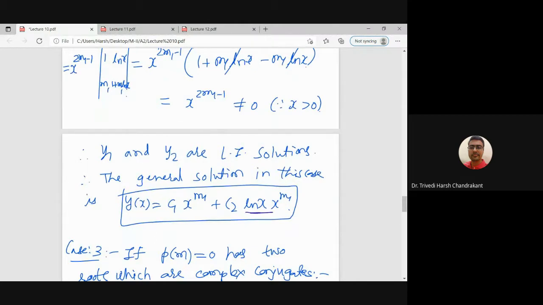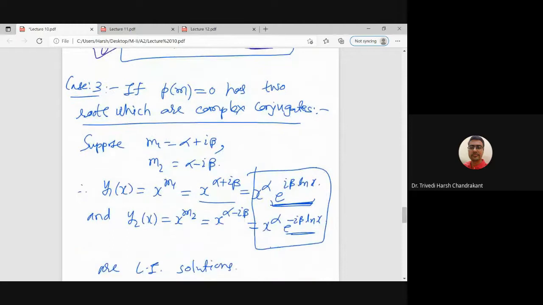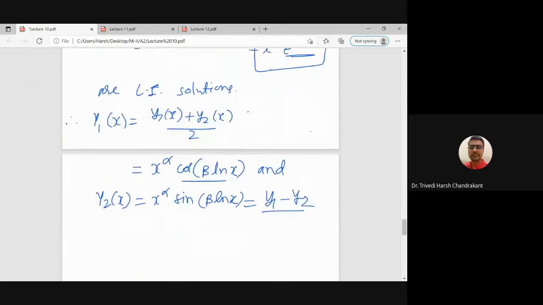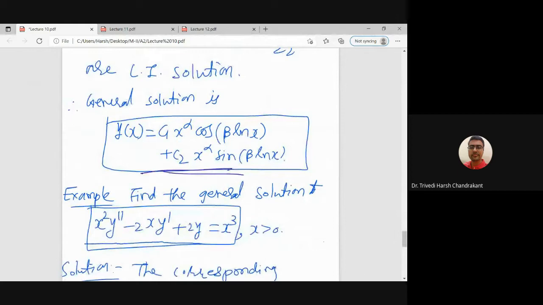This is the general solution whenever m1 is a repeated root of the characteristic polynomial. And in the third case, whenever we have a pair of complex conjugate roots of the characteristic polynomial, we have this as the general solution.